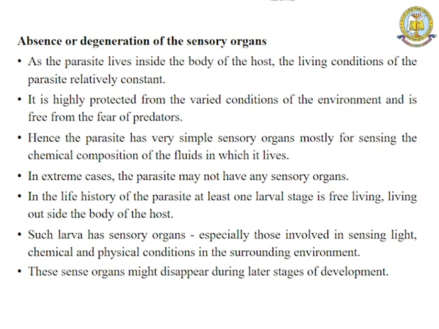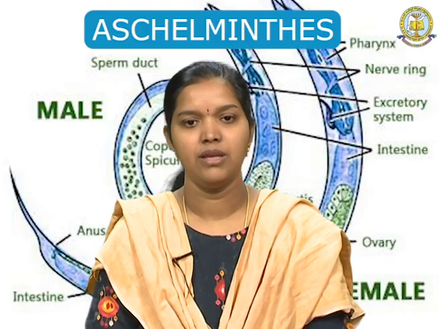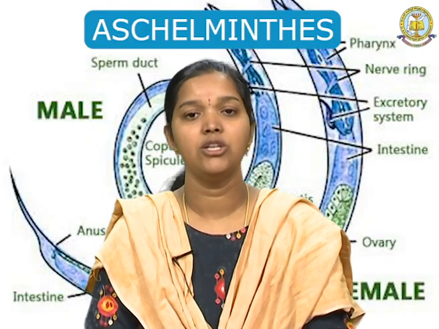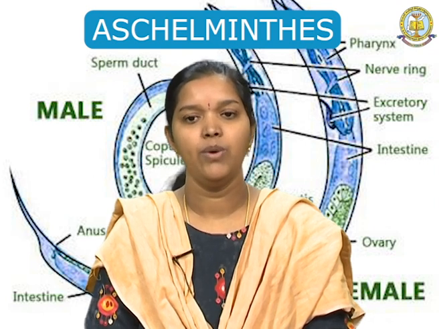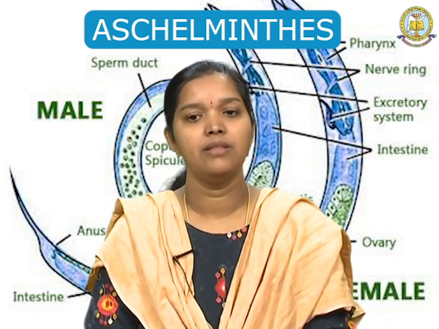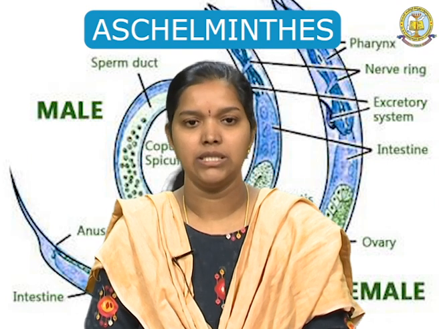And the next adaptation is absence or degeneration of sensory organs. Usually the parasite lives inside the body of the host throughout its life, and the conditions of the body of the host are relatively constant, and the parasites are usually present in a highly protected environment where they are free from predators.